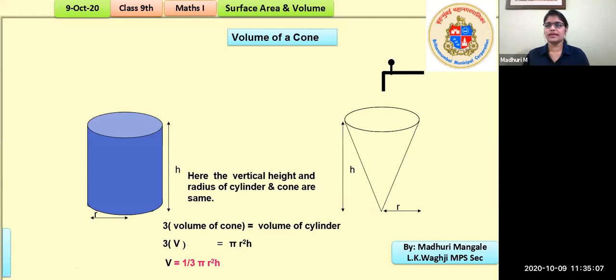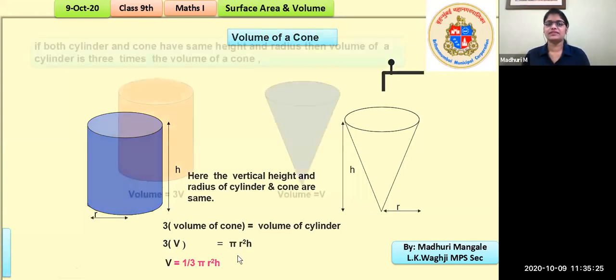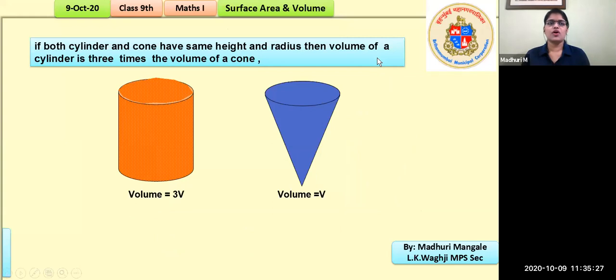That's how we get the formula for a cone. It's 1 upon 3 pi r squared h. Isn't that interesting? How nicely these geometrical structures are interrelated to each other. With this, let us look at the application-based questions on volume of cylinder and cone both.